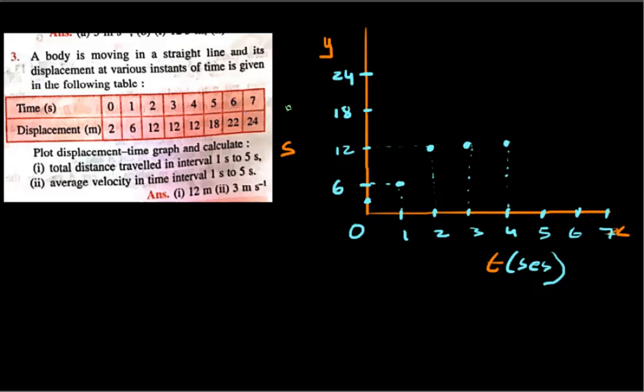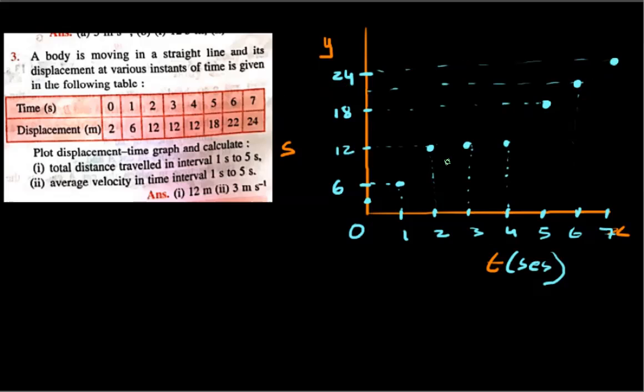After 5 seconds, 18. So this is 18, and this is 5, so let's say over here. After 6 seconds, 22. So between 18 and 24, 22 will be somewhere in the middle over here. So after 6 seconds, let's say this is the next point. And after 7 seconds, 24. So this is after 7 seconds.